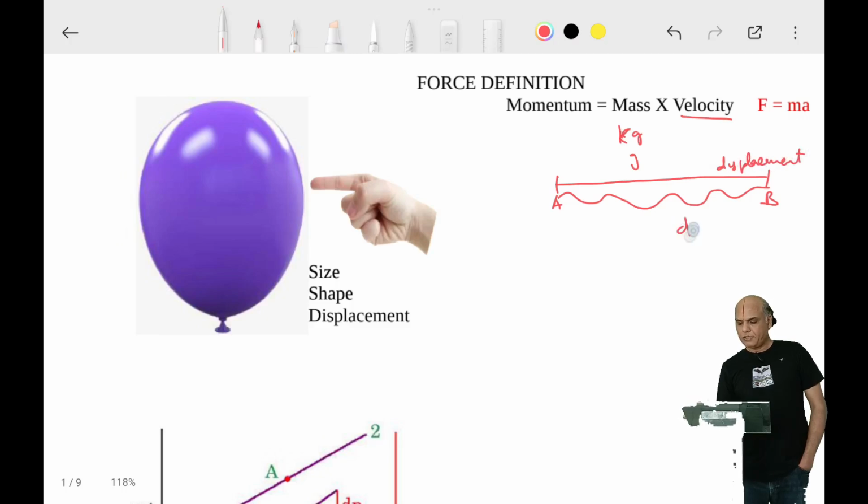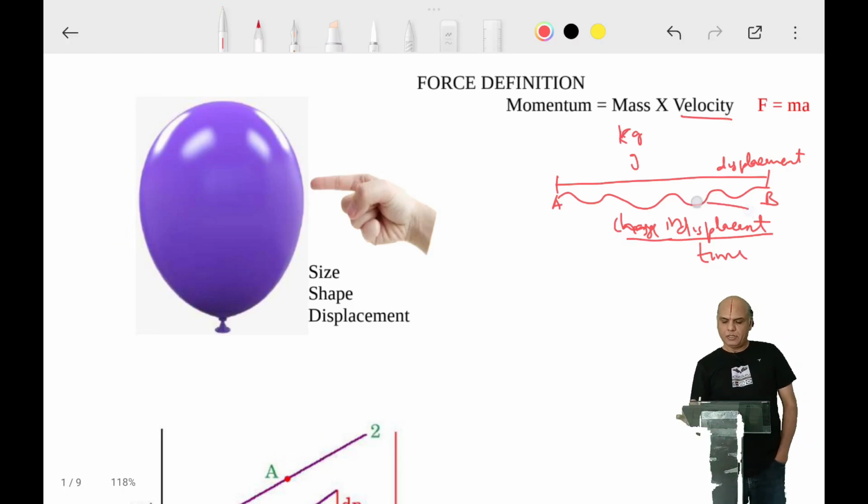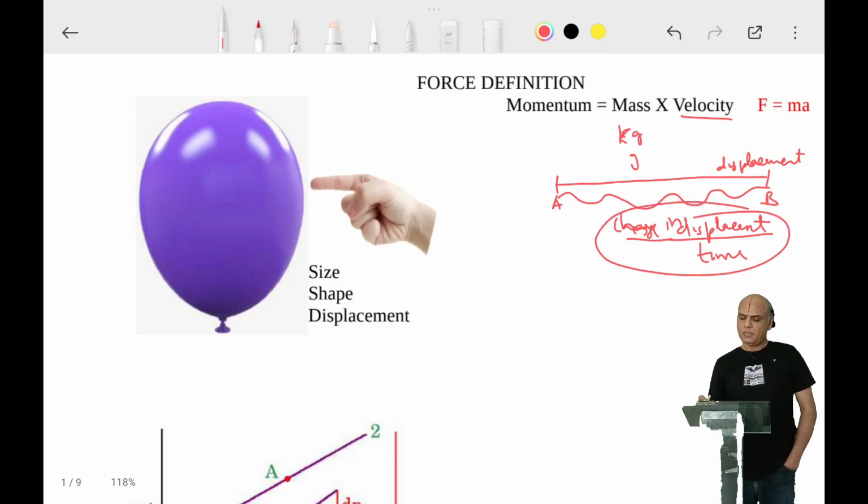This rate of change of displacement, that is change in displacement by time, will give you velocity.